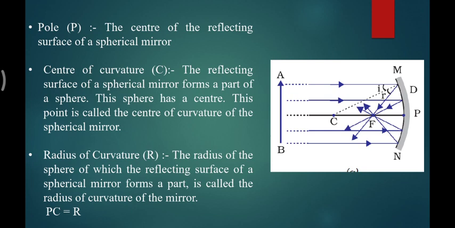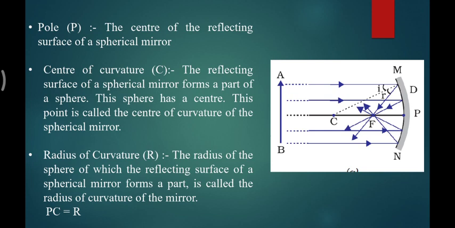Now the term associated with the center of curvature is the radius of curvature, represented by capital R. It is nothing but the distance between point P and C, as you can see in the figure. For understanding, PC is a good way to see the distance between P and C, where P is the pole and C is the center of curvature.